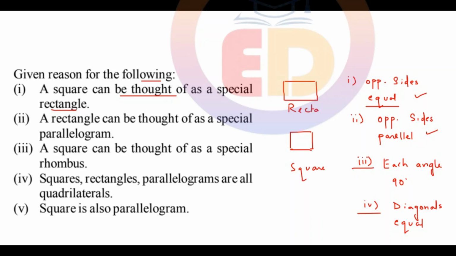Third, each angle is 90. Yes, in a square each angle is also 90. And fourth, diagonals are equal. Yes, in a square also the diagonals are equal. So we see that a square follows all the properties of a rectangle. So we can say that a square is a special rectangle.